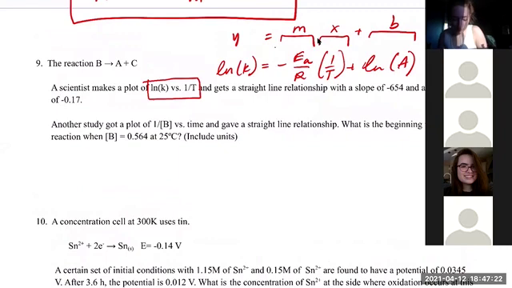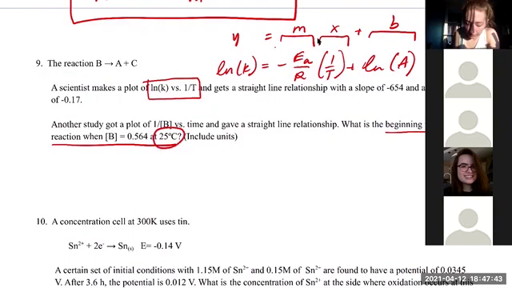And that's the first part of the question. In the second part of the question, we get an integrated rate law this time for second order. And it's asking what is the rate with these variables here.